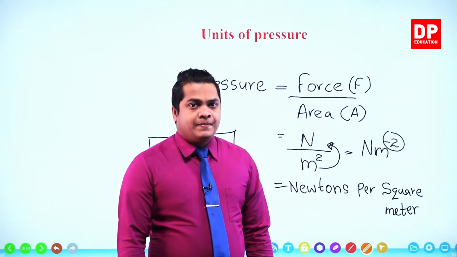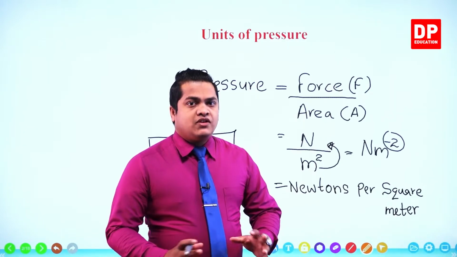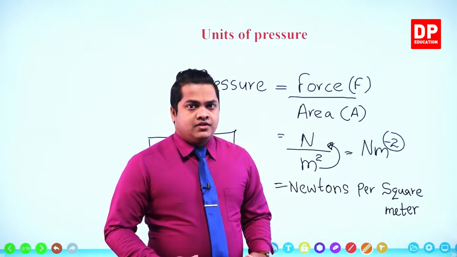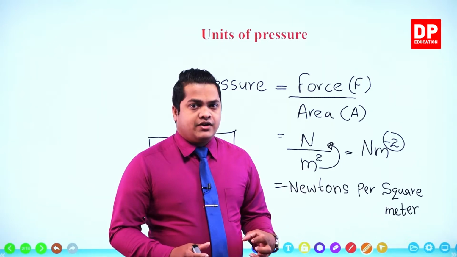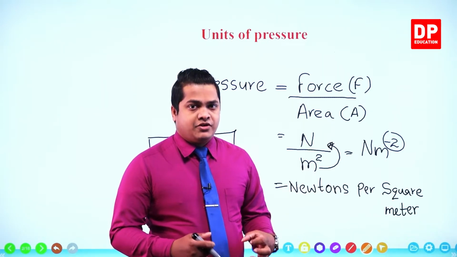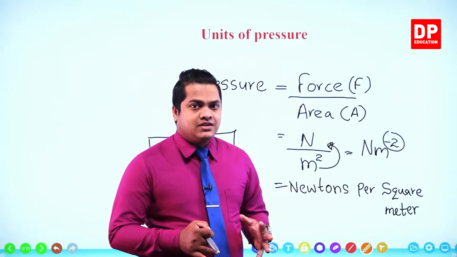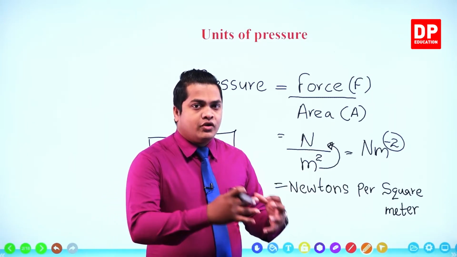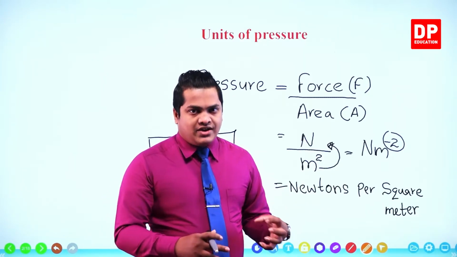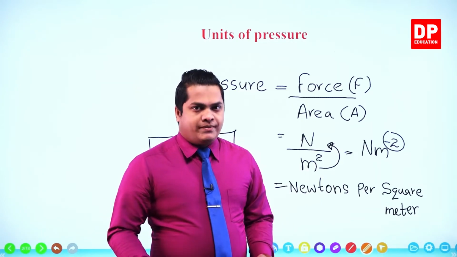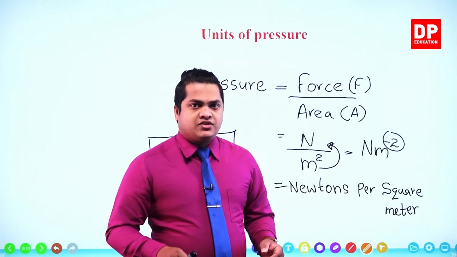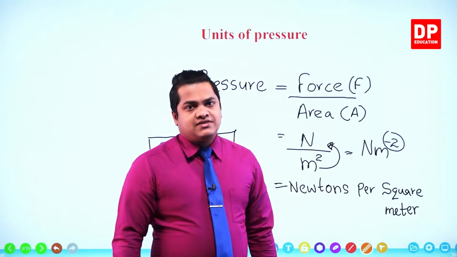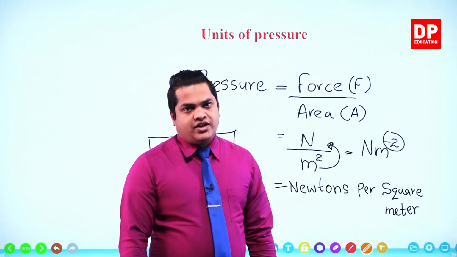Pascals also refers to 1 newton per square meter. Instead of the fundamental units, by using another kind of unit, we can measure pressure. That unit is pascals. When you go deep into it, 1 newton per square meter is always equal to 1 Pascal. There are 2 different units, but the values are the same. There is no change in it.